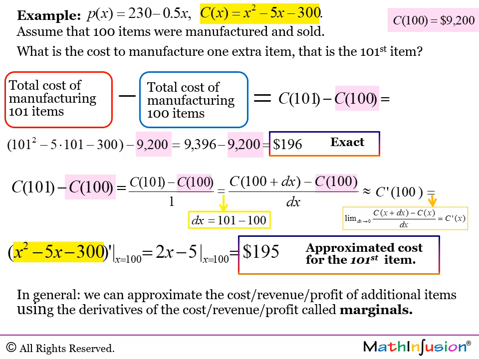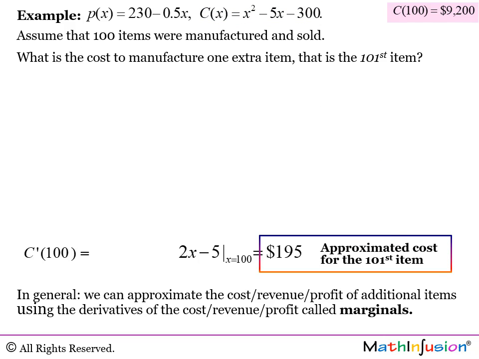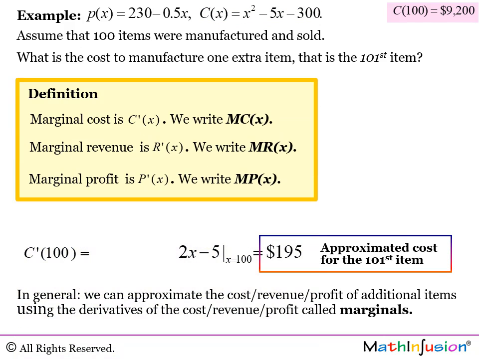In general, we can approximate the cost or the revenue or the profit of additional items using the derivatives of the cost or the revenue or the profit. We call this analysis marginal analysis. Definition: the marginal cost is the derivative of the cost, and we write MC of x.